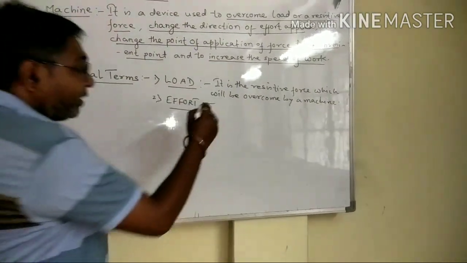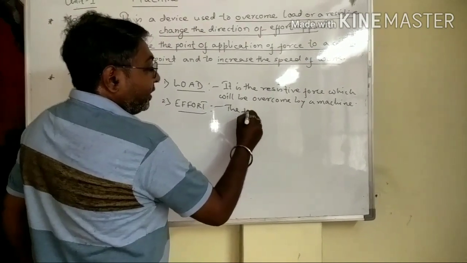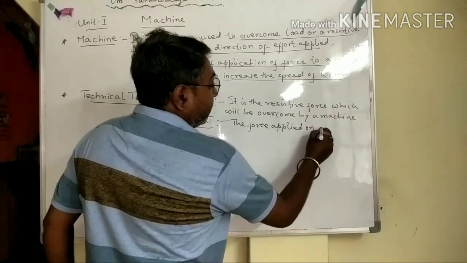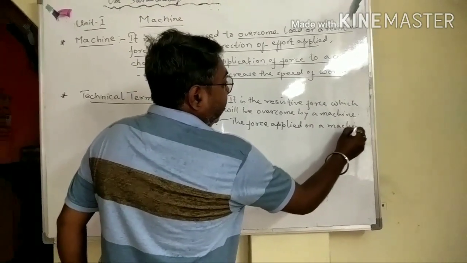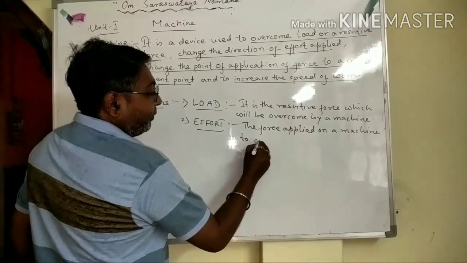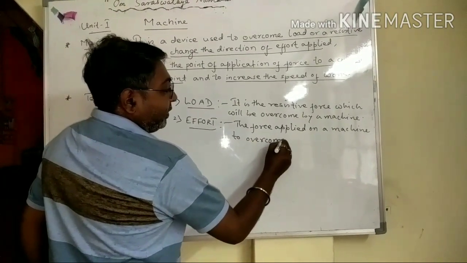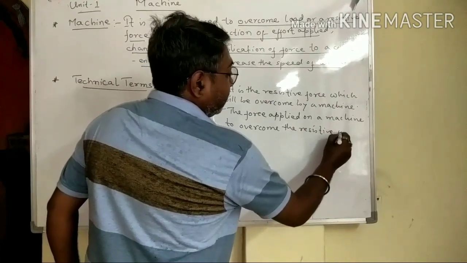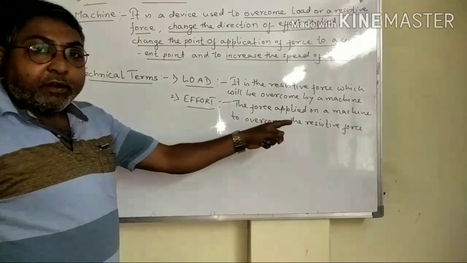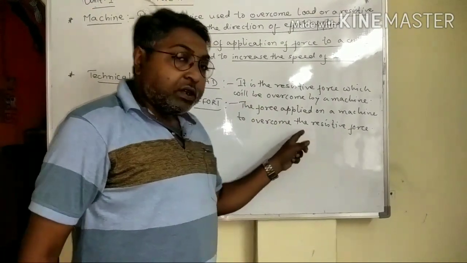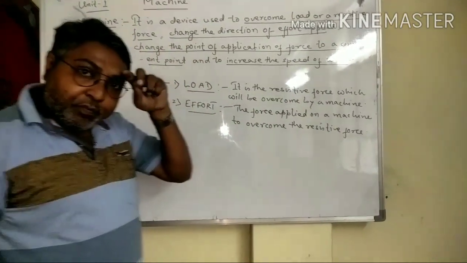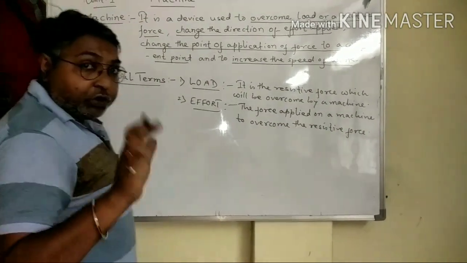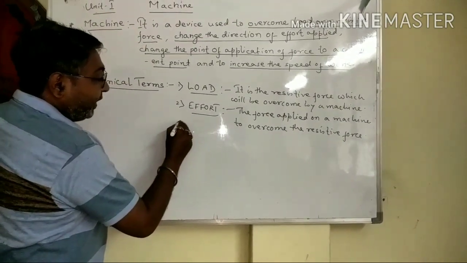Now, effort is the force applied on a machine to overcome the resistive force. The force applied on a machine to overcome the resistive force is known as effort. Is that clear?